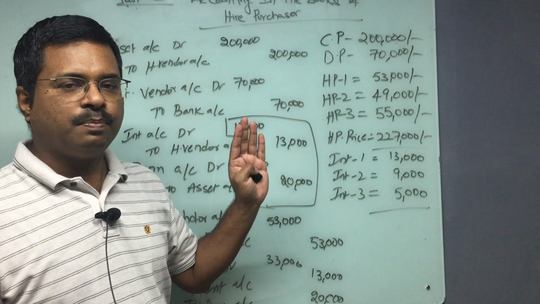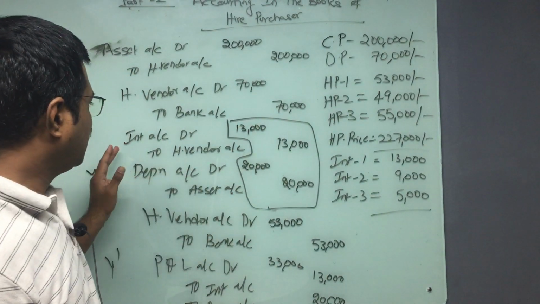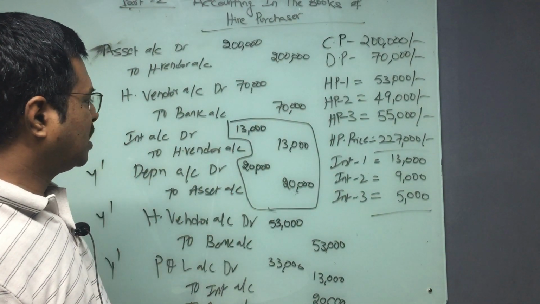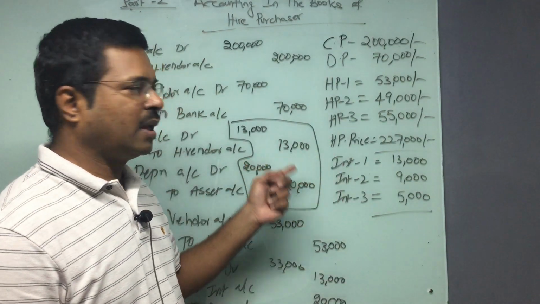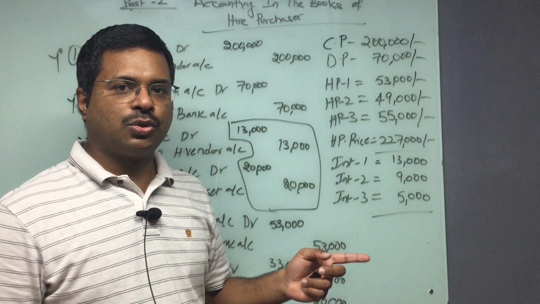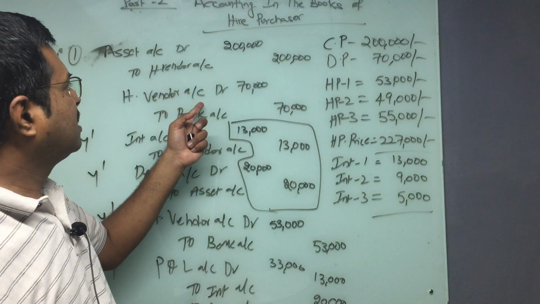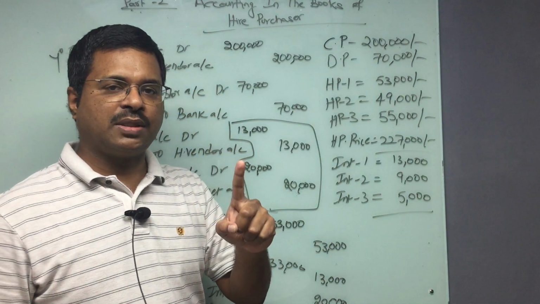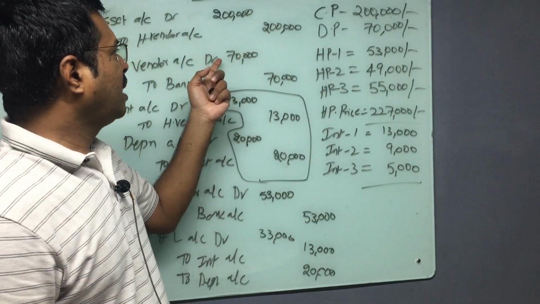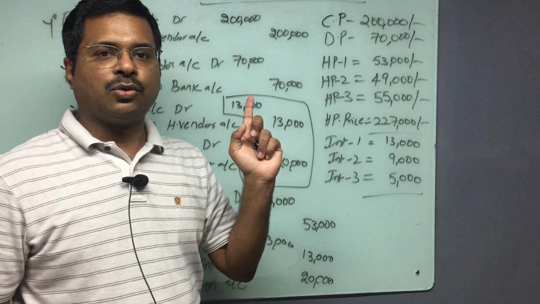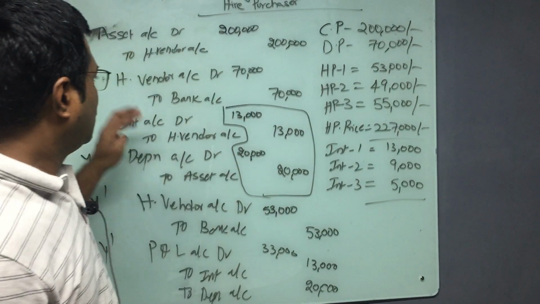Okay. So you have to remember that accounting entries are the same. You have already arrived at the numbers. So the same way you can account for the next 2 years, and these two entries will be at the beginning of the first year only. Subsequently, I am not going to take any new asset from him, or pay any down payment to him. Okay. So these are the entries.